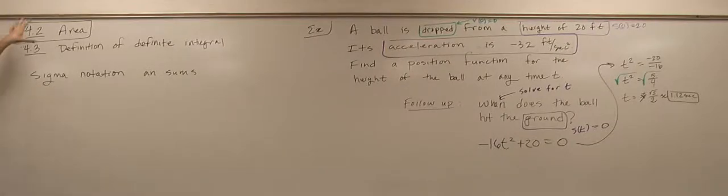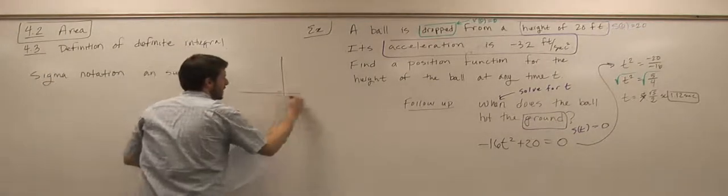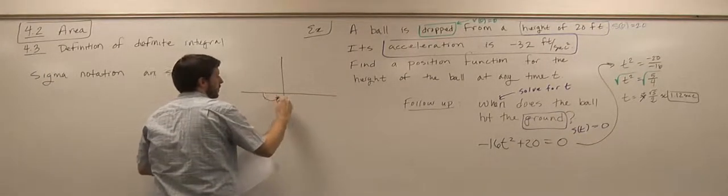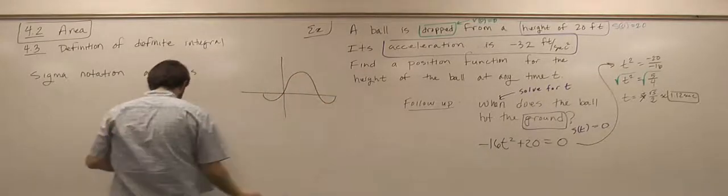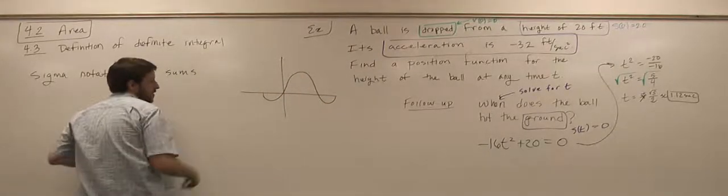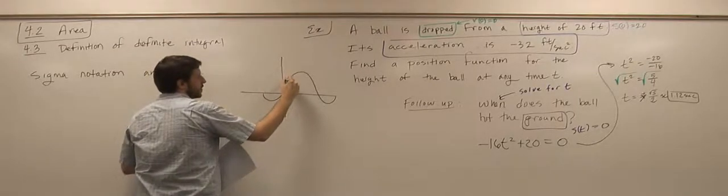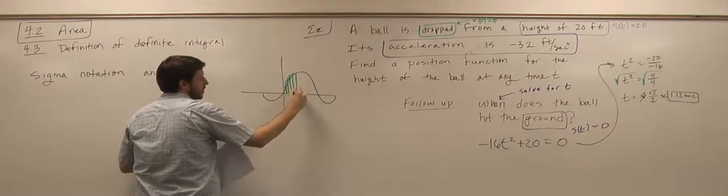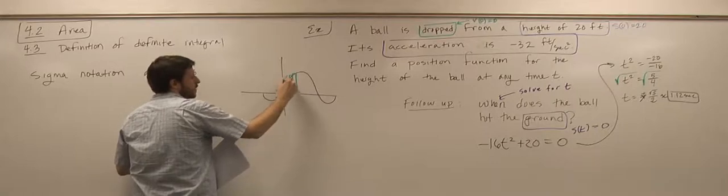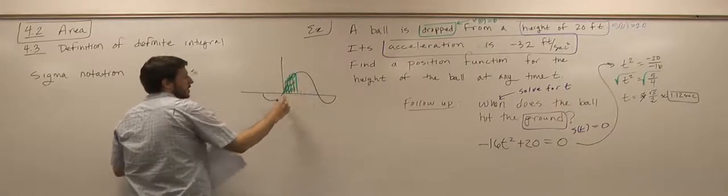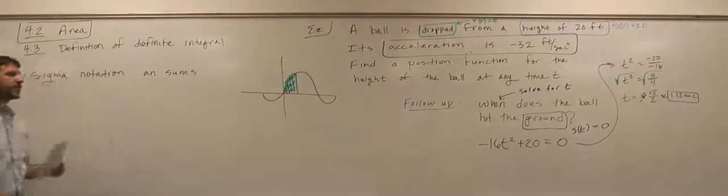So this idea of area under a curve, if you remember from the very beginning of class, you can estimate the area under a curve by basically building a whole bunch of rectangles and finding their area. So this would be one way to estimate the area under the curve. You build all these rectangles, and then you just find the area of each one and sum them up. That will give you an approximation for the area under the curve.